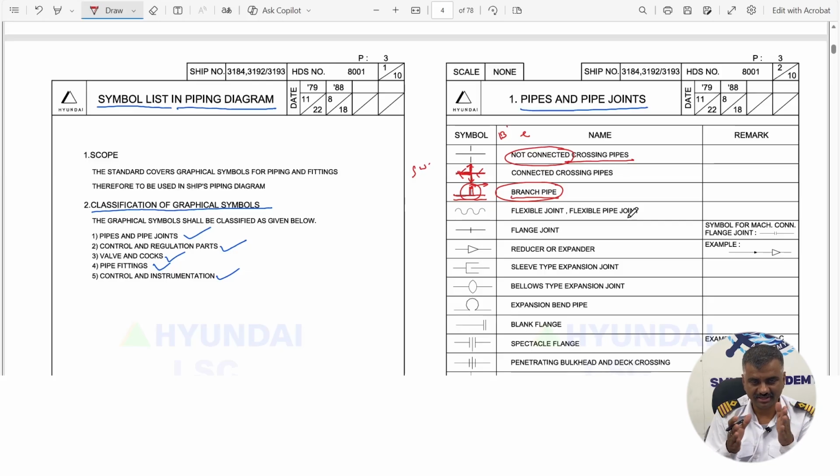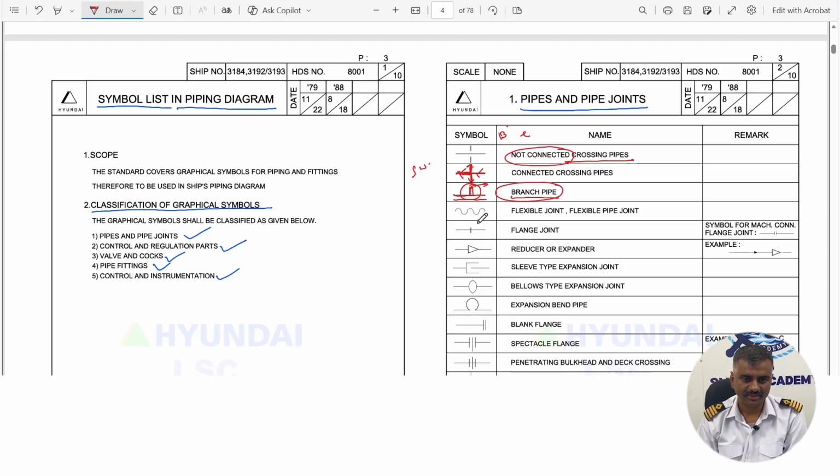Otherwise, when the line gets over-pressurized, the lines are design pressure tested for the job, but in case a valve is closed in the line, or there is a blockage, the hydraulic oil will rise in pressure. Since it is not compressible, it will try to rupture the pipe. So to accommodate pressure fluctuations or scenarios like this, these flexible joints are provided at places. They are shown by this type of indication.